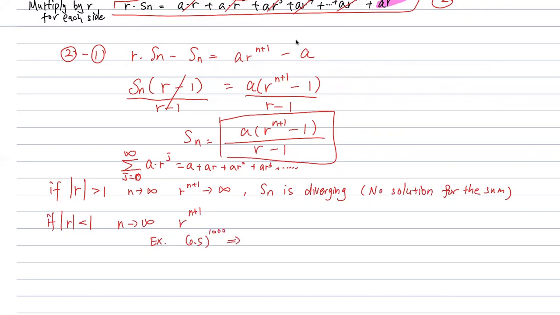This is going to approach 0. So my r to the n plus 1 is going to 0. So my S of n will equal a times 0 minus 1 over r minus 1. That gives us the second very important formula, which is S of n is equal to a over 1 minus r.